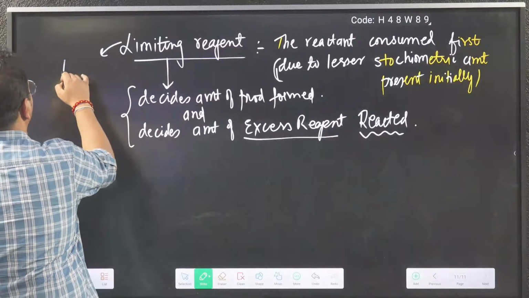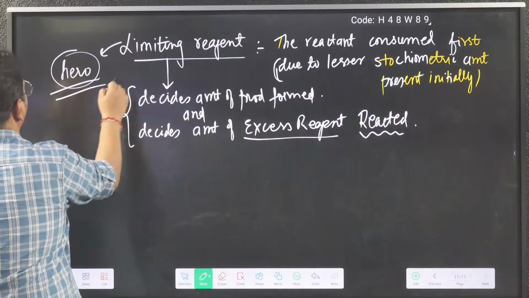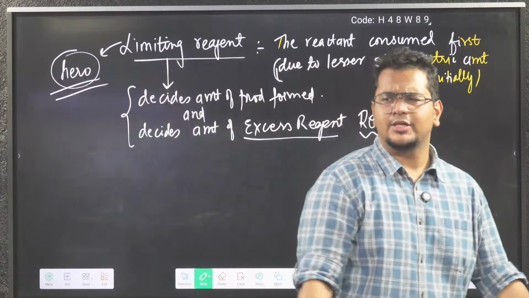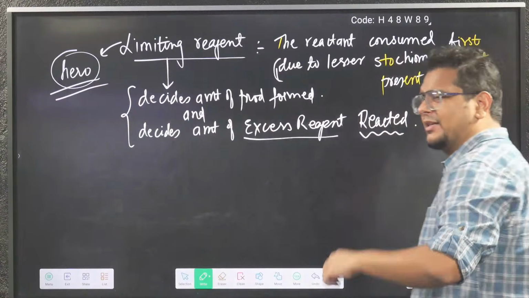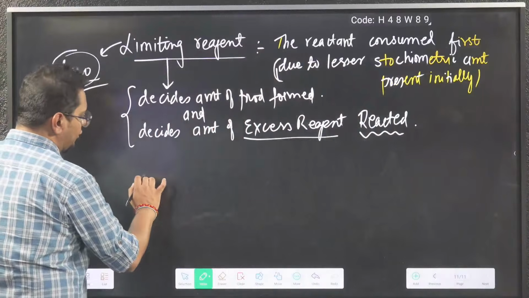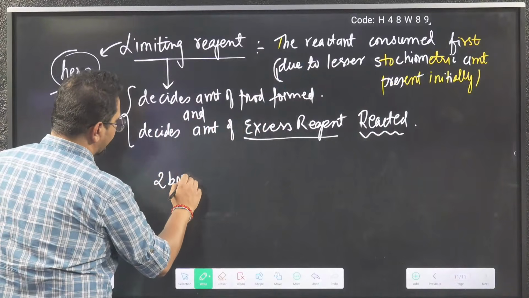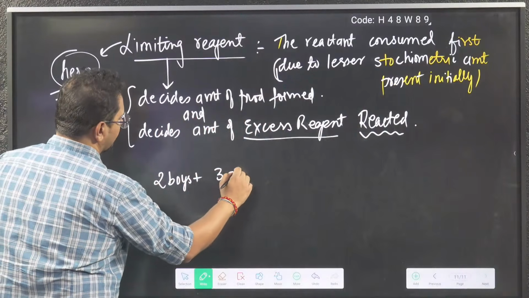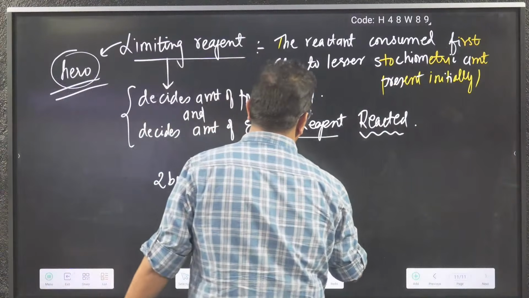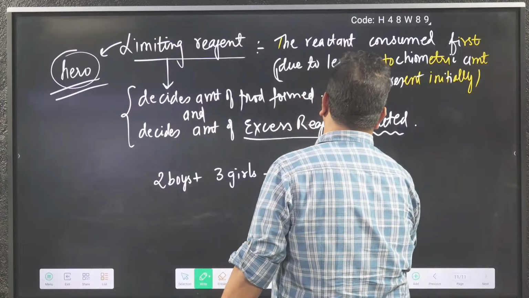Basically, LR is our hero of the topic. Let's understand the meaning. For example, you have 2 boys and 3 girls ready for marriage. So how many marriages will happen?